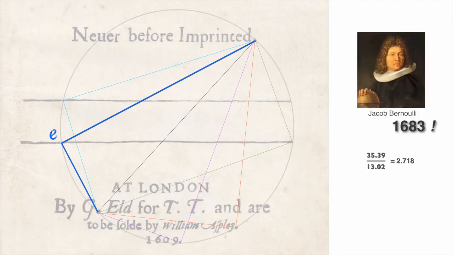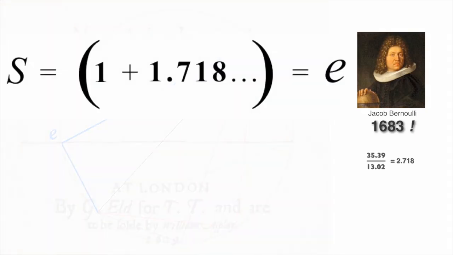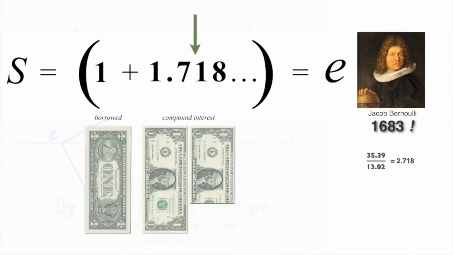Jacob Bernoulli in 1683 was studying a problem we all can relate to, money and compound interest. And he came up with a simple equation. It's the same formula used by banks today to calculate how much we owe on our credit card bill. Essentially, it's this. 1 is the amount that we borrowed, plus 1.718 is the maximum possible compound interest if it's calculated continuously.